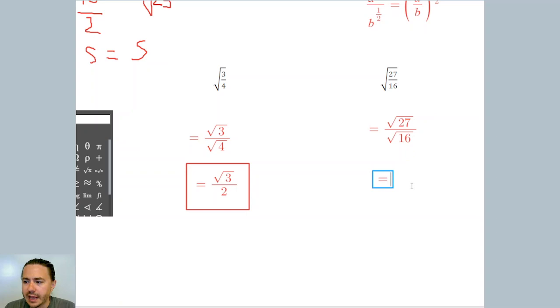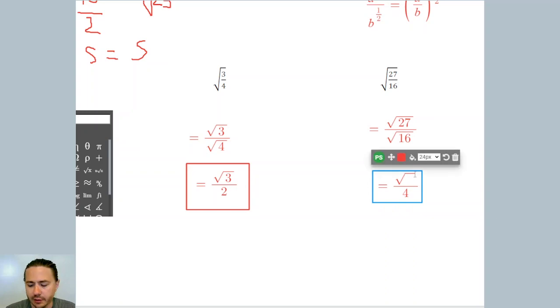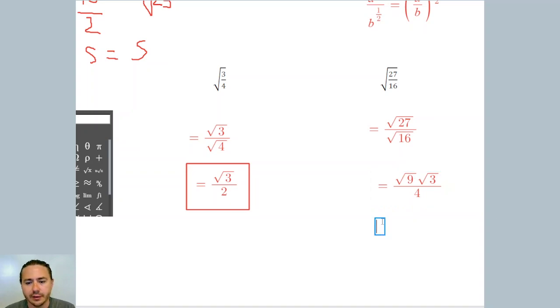The square root of 27 is not a perfect square, but it does have a perfect square factor. Think of the factors of 27. One of the factors is 9, which is a perfect square. So we could rewrite this as the square root of 9 times the square root of 3, since 9 times 3 is 27. And the square root of 9 is 3. So we've got 3 times the square root of 3 over 4.